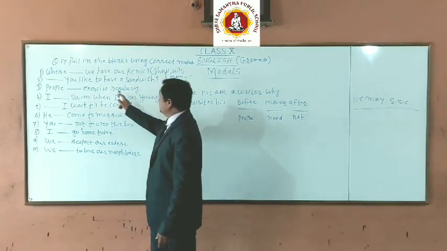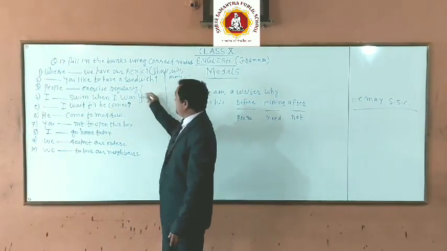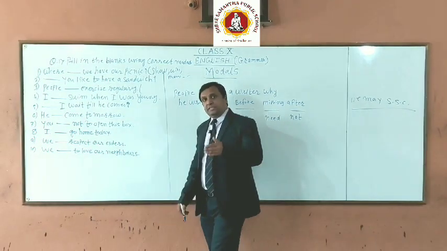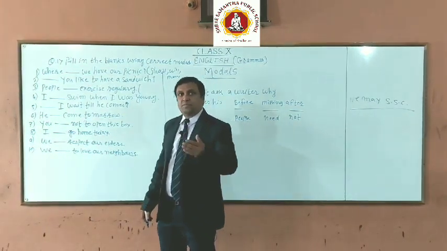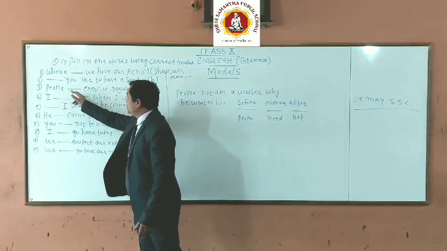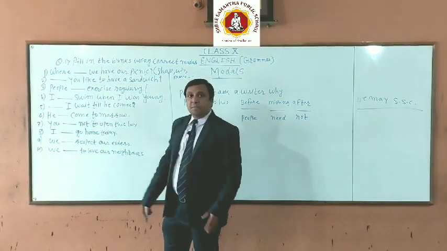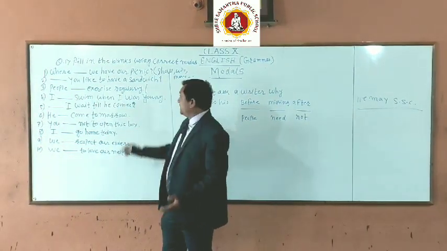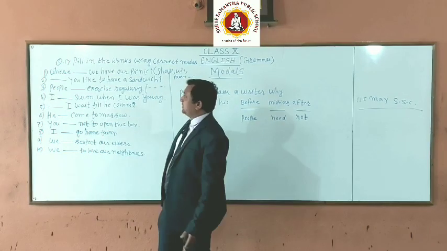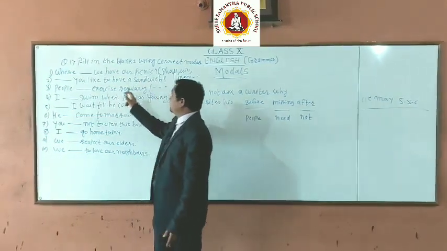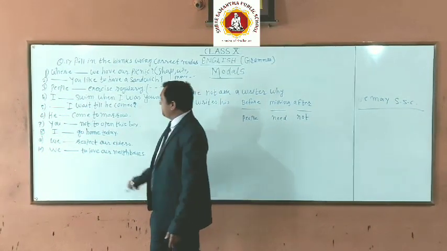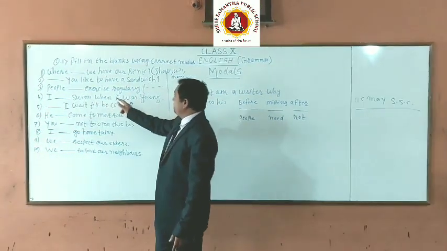People exercise regularly. Now it depends on the sense. Suppose it is just a common thing, then we use: people should exercise regularly. But if it is compulsion, and in the bracket it is written compulsion, then people must exercise regularly. I dash swim when I was young.